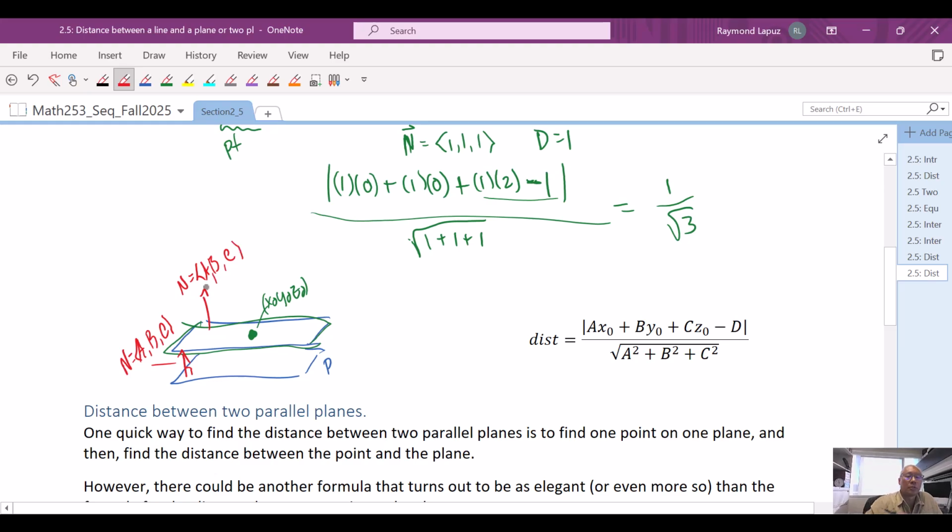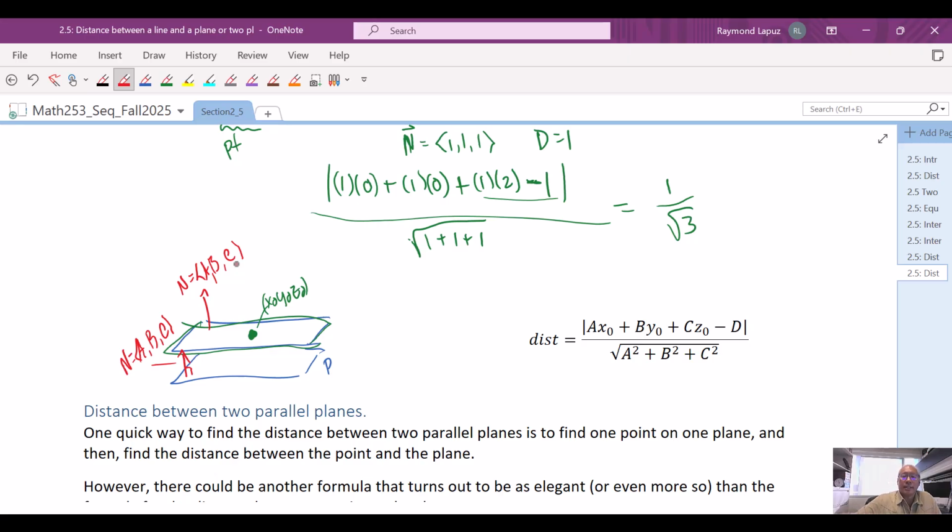Then their normal vectors should be the same, or at least collinear, because it might not be exactly the same, but it should be collinear. So maybe your n here might not be exactly equal to a, b, c, but it would certainly be a scalar multiple of a, b, and c. So now let's assume that it's a, b, and c for now, so that it's exactly the same.